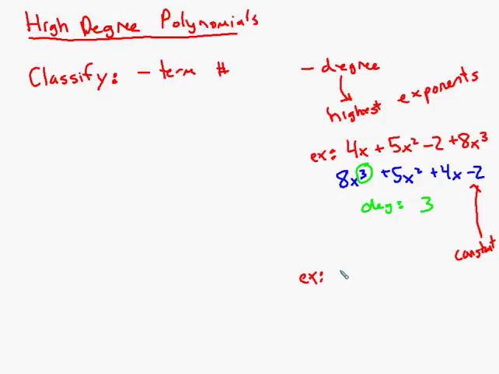Maybe I have 8 plus 3x squared y to the 5th plus 4xy minus 7x to the 6th.